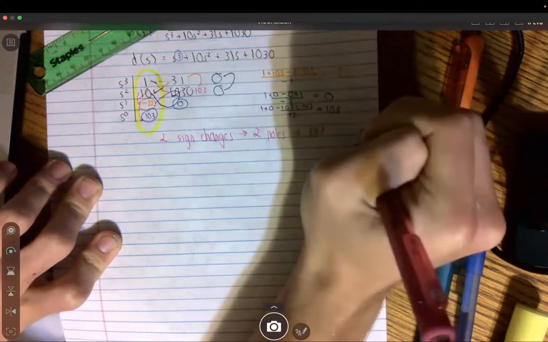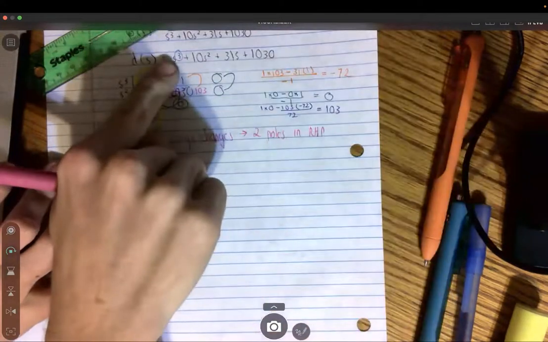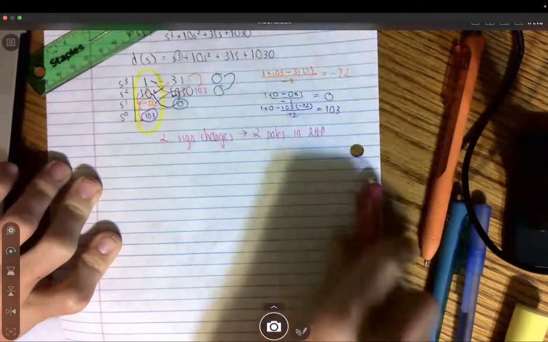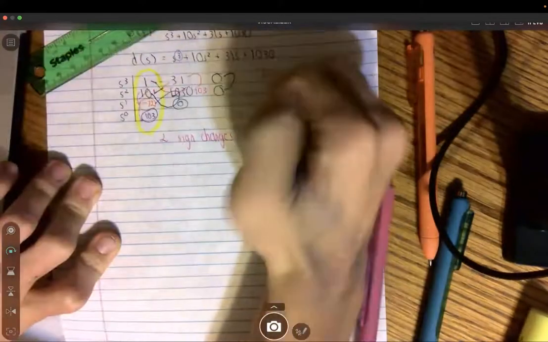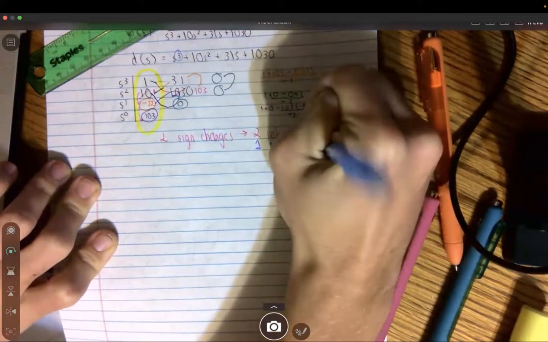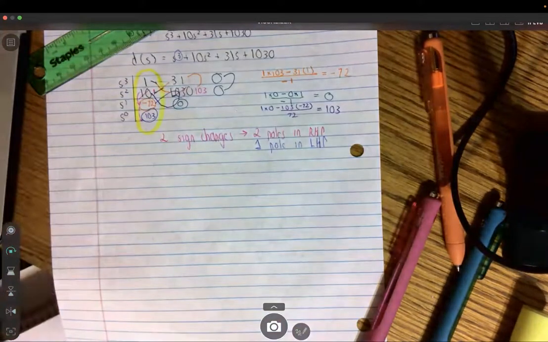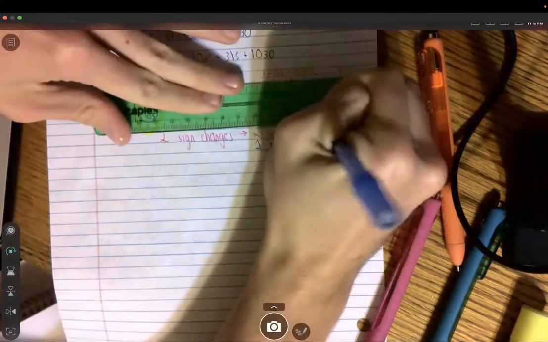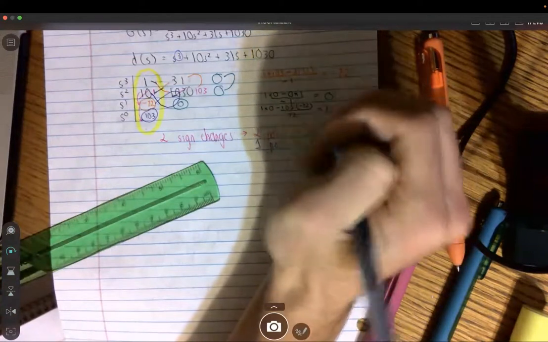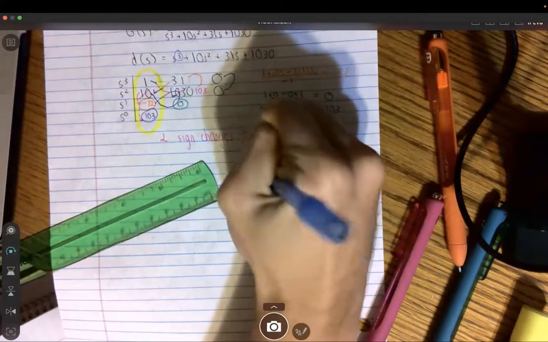We're expecting 3 total poles, so there must be 1 pole in the left-hand plane. That's what the Routh-Hurwitz criteria tells us. Since there are 2 poles in the right-hand plane, this is unstable.